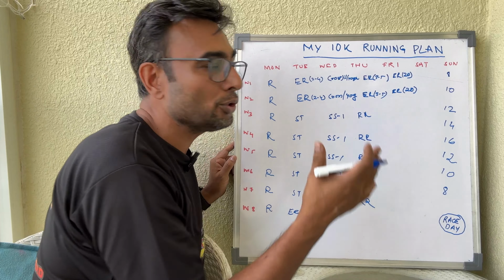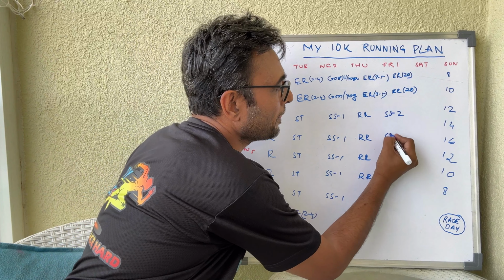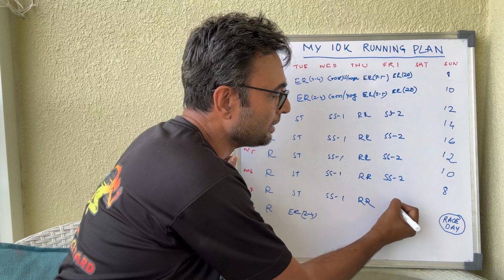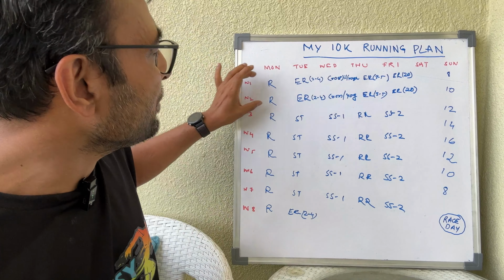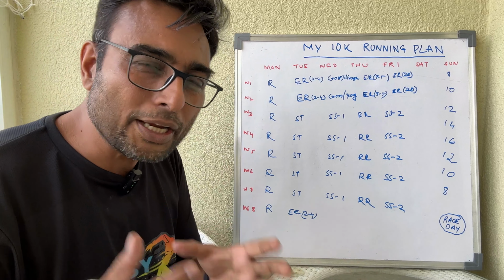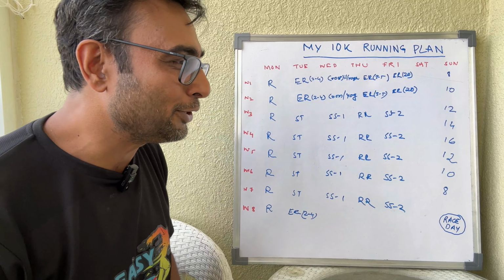You go in for your speed session 2s, the SS2. I will explain these when I come to these sessions specifically. The reason I'm concentrating on the first 2 weeks is to let your aerobic base build up. So I'm putting in a lot of recovery and easy runs there, coupled with your long runs.